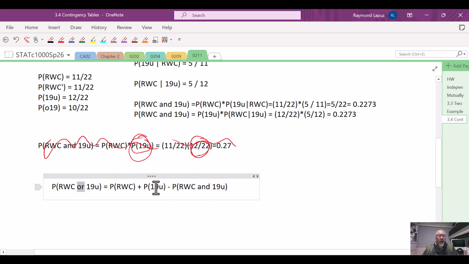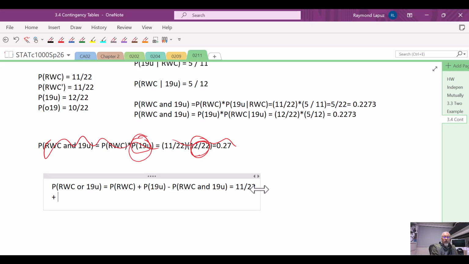So let's add this up together. According to the addition rule, it's going to be the probability of somebody's in Redwood City plus the probability of somebody's 19 and under minus the probability of somebody's in Redwood City and 19 and under. So that will give us the probability of somebody in Redwood City, which was 11 over 22.